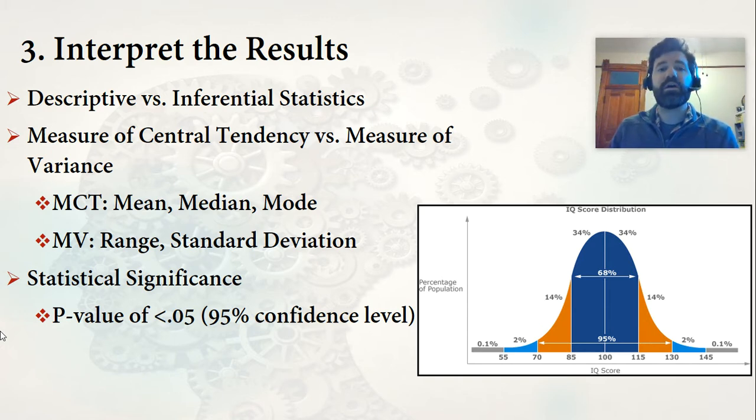If I had a p-value of 0.05, that's a probability value of 0.05, it means there's a 5% chance that the focus changed for some other reason, but I'm 95% confident that the change in focus was because of the independent variable, because I deprived your sleep.